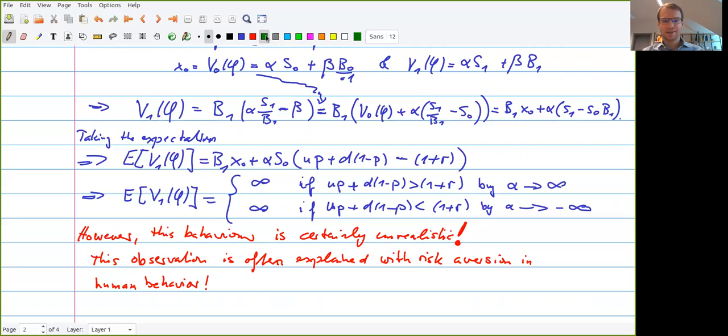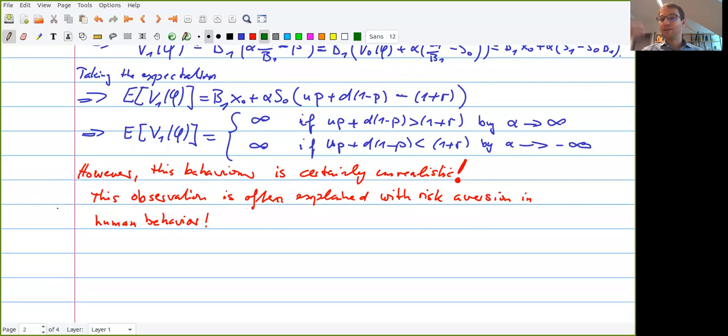Let me give one final remark on where this investment behavior in the simple model comes from. Where it comes from is, because we understand now the mathematics behind it, I think we should observe it at this point.